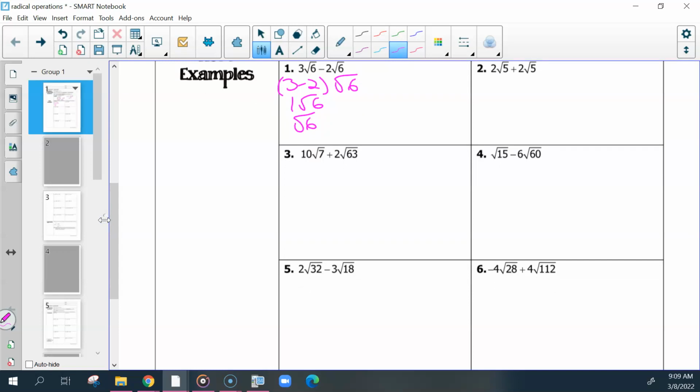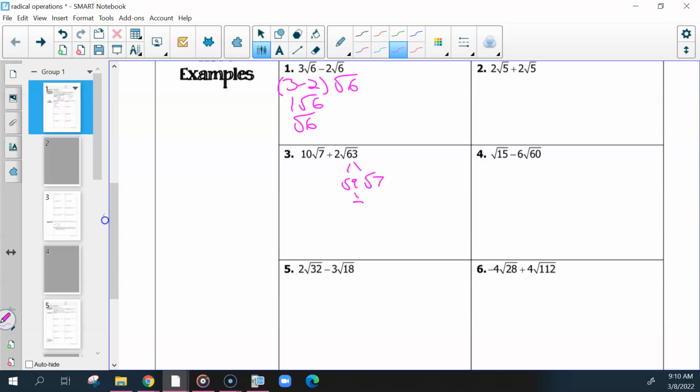We're going to skip on to number 3. You can't add these as is. Which of these could be simplified? 63. What is the highest perfect square we could divide this by? 9. 9 and minus 7 times 7.